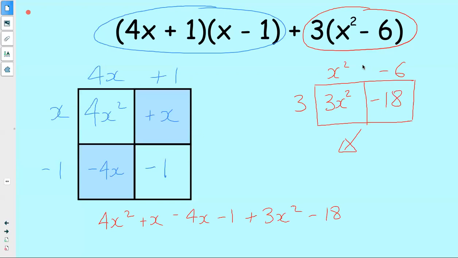So the 4x squared and the 3x squared becomes 7x squared. Let's look at my x's. I've got a positive x and a negative 4x. So that becomes negative 3x. And we've got a negative 1 and a negative 18, which becomes a negative 19. And that is your final answer, okay?